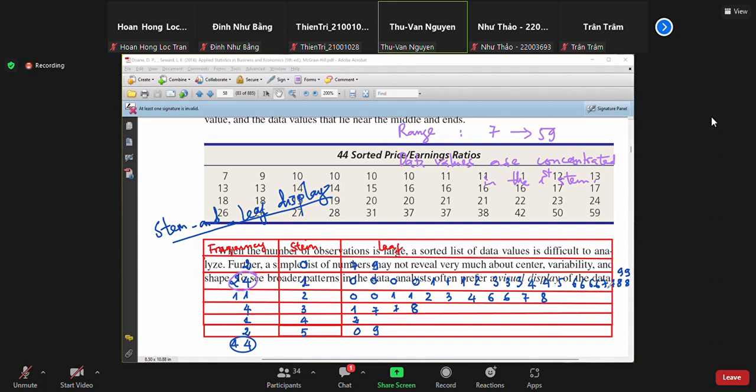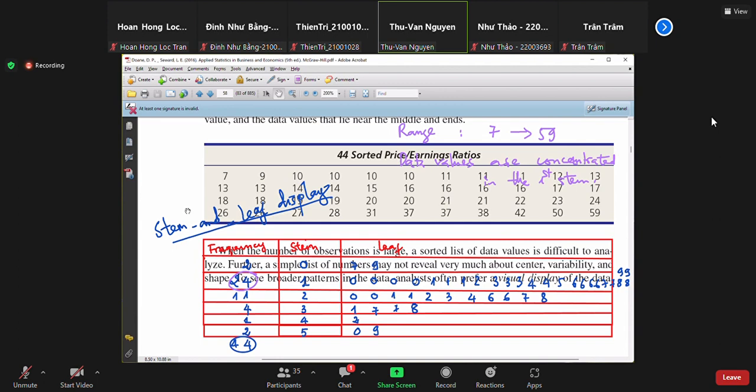Okay, I let it be for 1 minute for you. Okay, so the data values are dispersed from 7 to 59.